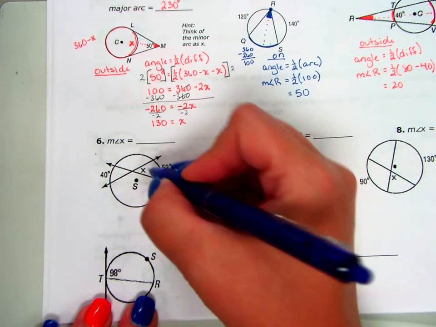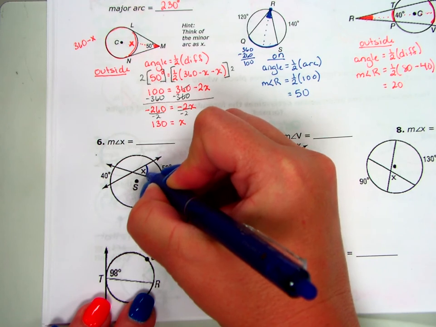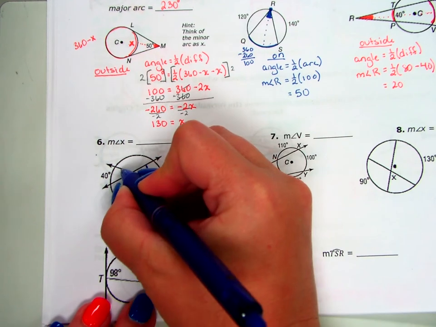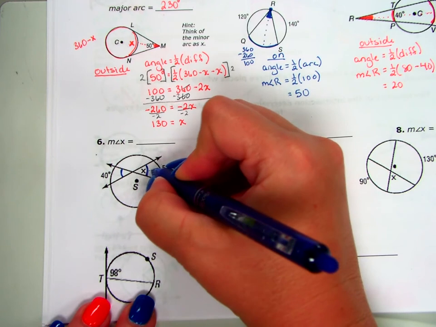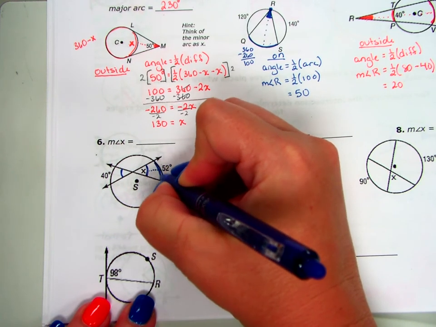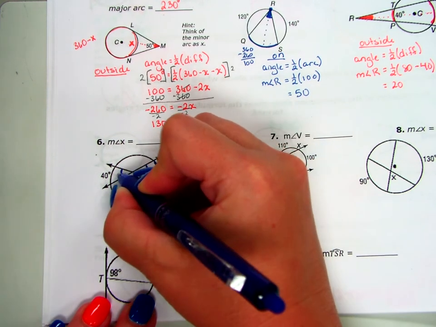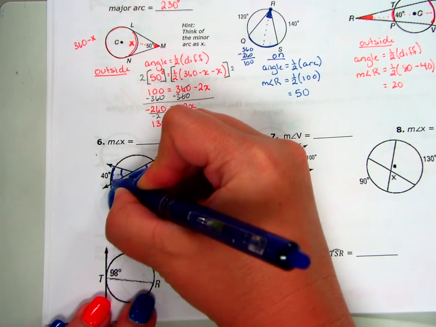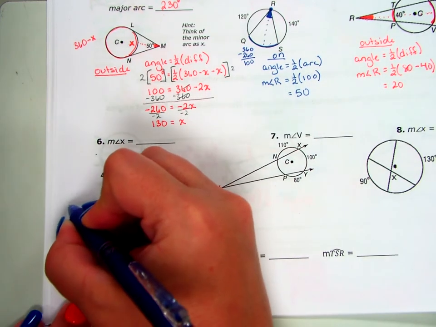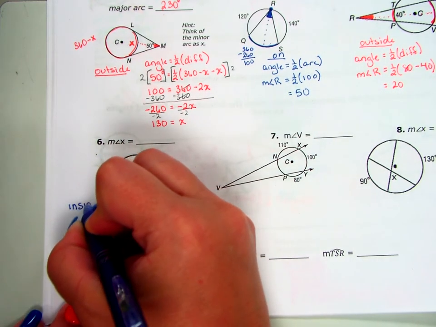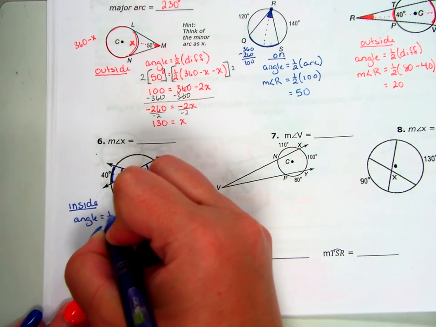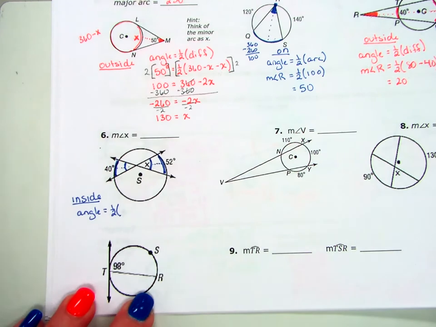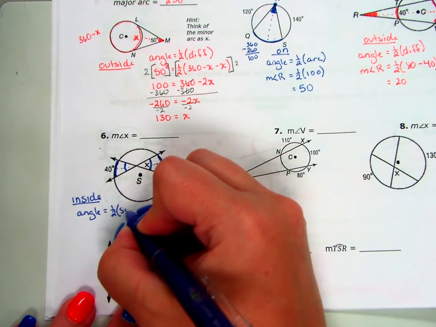Number 6, the measure of angle X. So here's X. I can see it's where? Inside, and the intercepted arcs are 52 on one side and 40 on the other side. So if it's inside, the angle equals 1/2 the what?